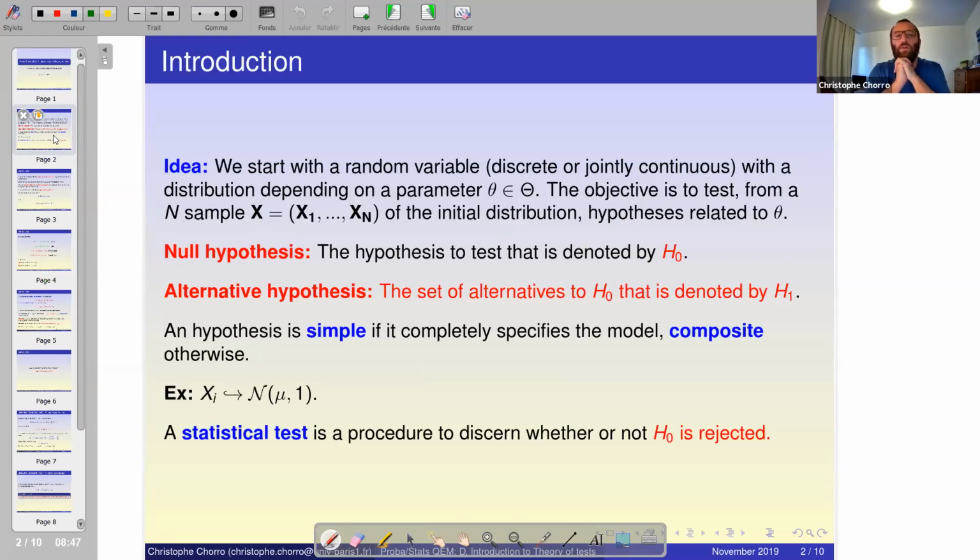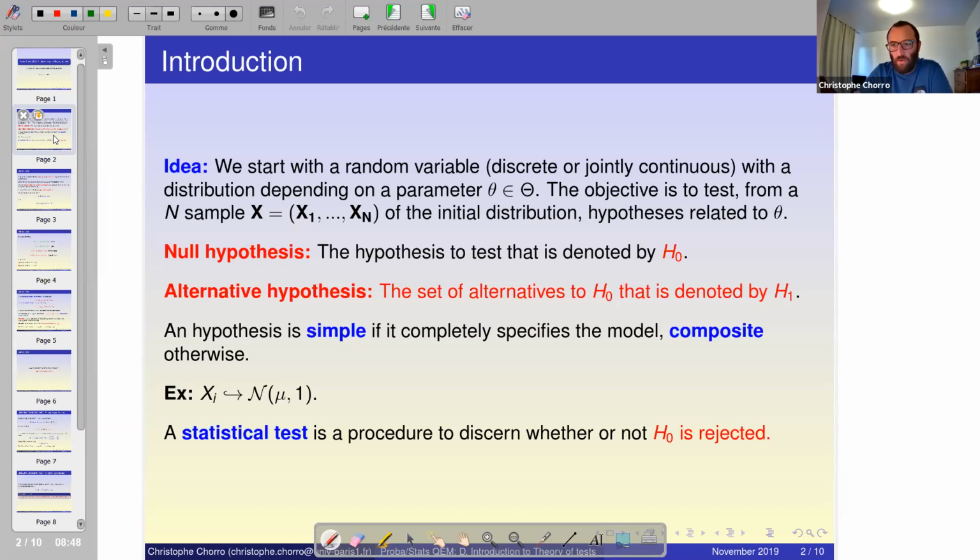So what is our problem? The starting point of this course is exactly the same as in the part concerning estimation. We start from a sample of size N, x1 to xN, of a particular distribution.